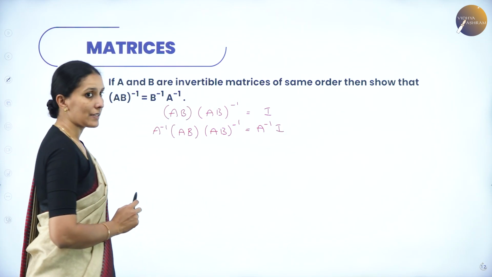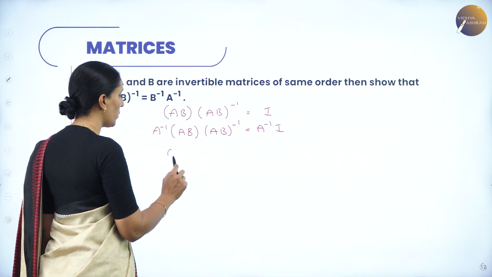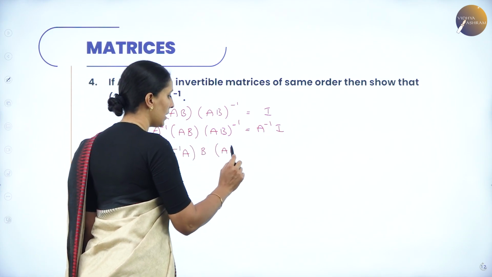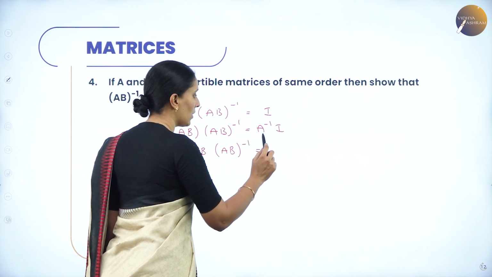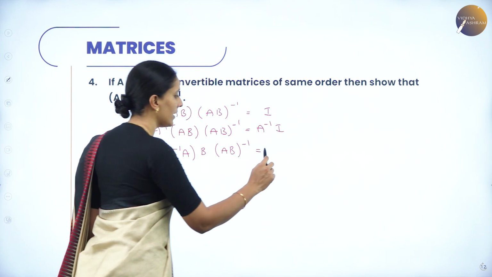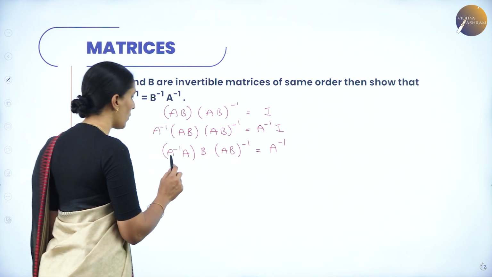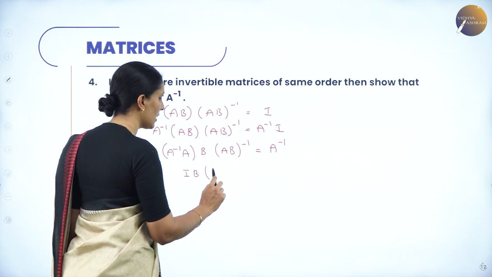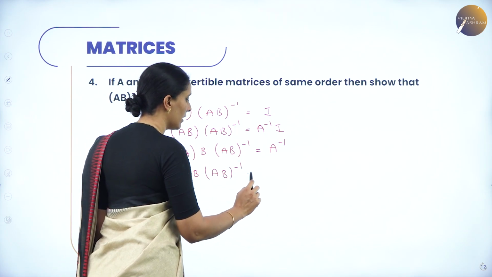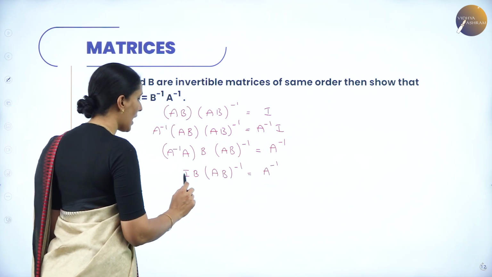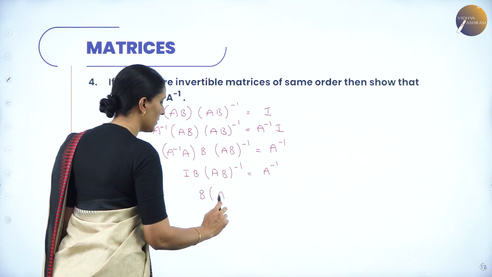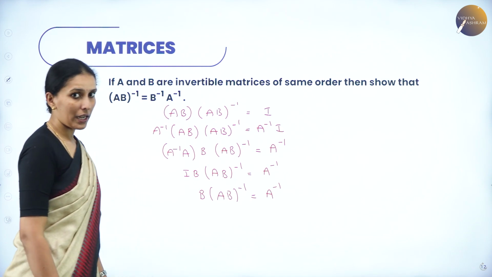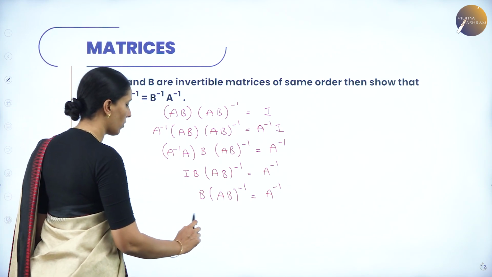I'll use the associative property here. So A inverse A into B, AB whole inverse is equal to A inverse into I is A inverse itself. Now A inverse into A is identity. So we got AB whole inverse is equal to A inverse. I into B is B. So AB whole inverse is equal to A inverse. Now again I pre-multiply B inverse on both sides.